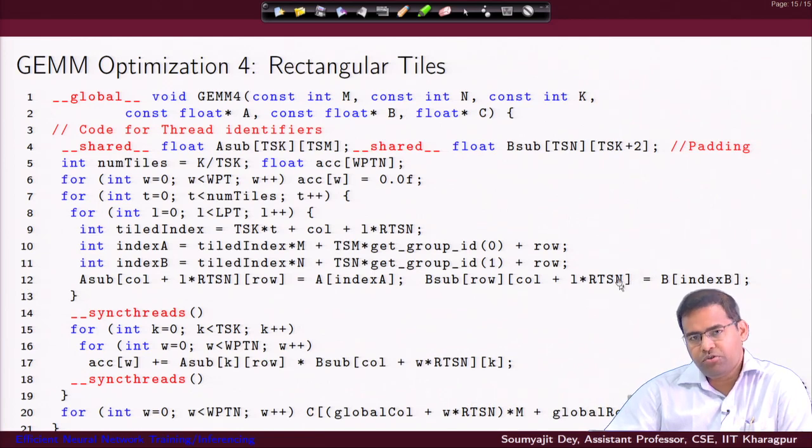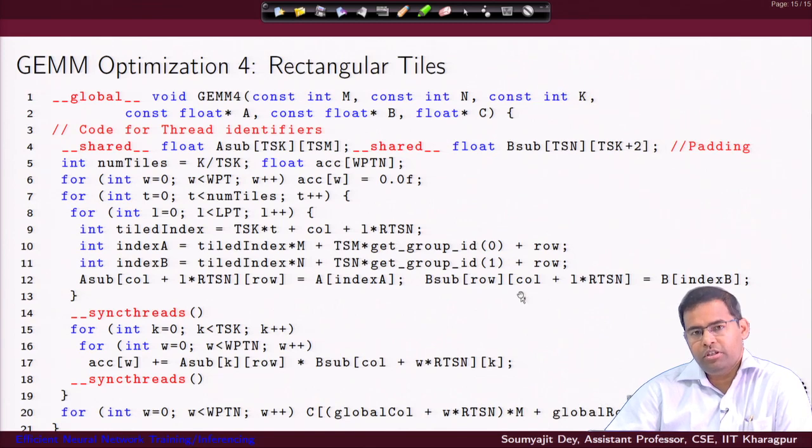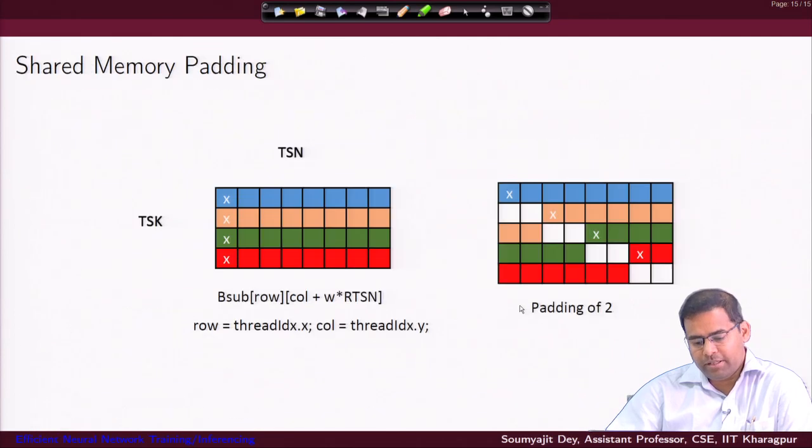So, we have already understood why transpose is necessary. But the difficulty with transpose is that in the shared memory you do not have the regularity of the data that you had earlier, because you have optimized the loads, but now your stores have disturbed the consecutive nature of the data. In order to preserve that, you have switched the row and column indices here. But then the problem is that when consecutive thread IDs in the warp access the shared memory, they get their consecutive required data points in the same bank.